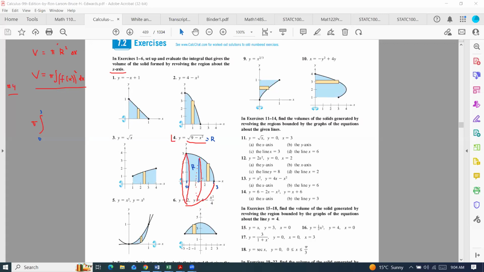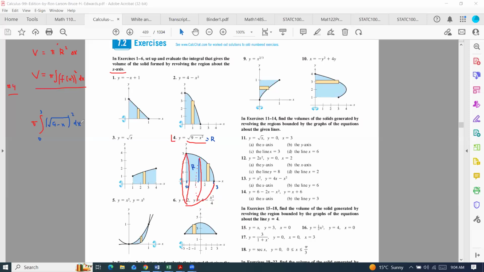And then, at any point between 0 and 3, we have a radius, which is a function given as a square root of 9 minus x squared, okay? And this needs to be squared. This radius has to be raised to the power 2. And then dx will be attached to it.